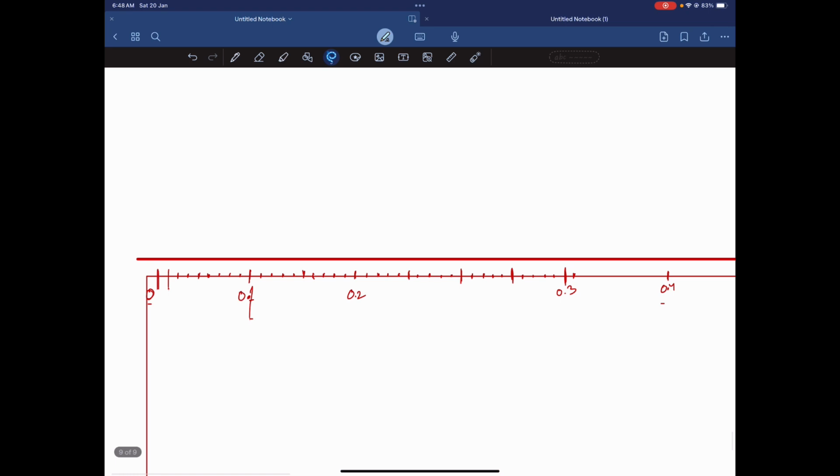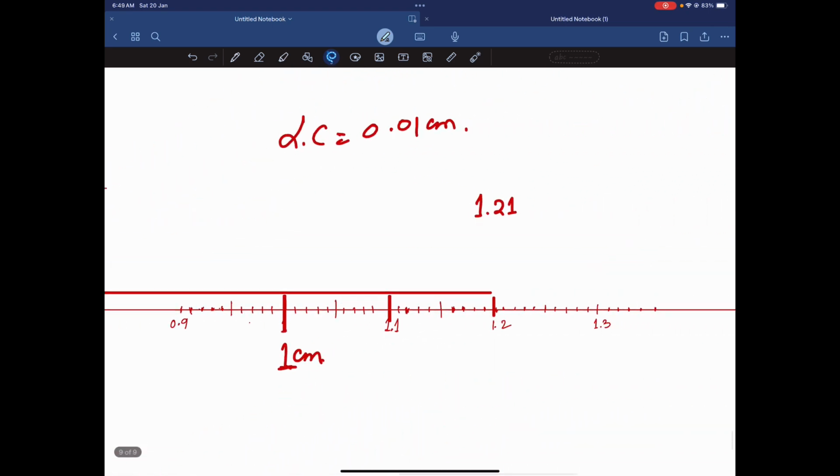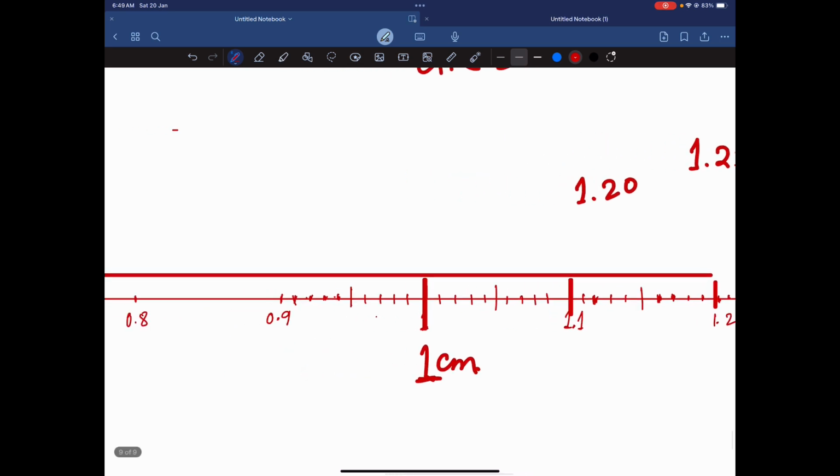Then at the tip, this is how it looks like. Now you might say, oh, now it's 1.2, exactly 1.20.